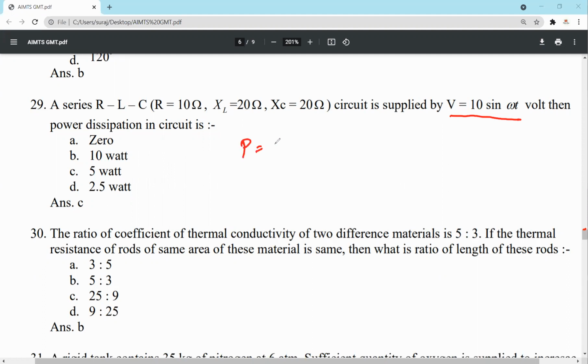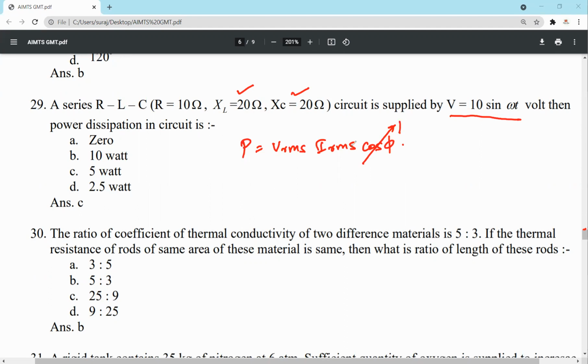Power is Vrms into Irms into cos phi. Now XL equal to XC, that means this is a resonating condition. So cos phi should be 1.